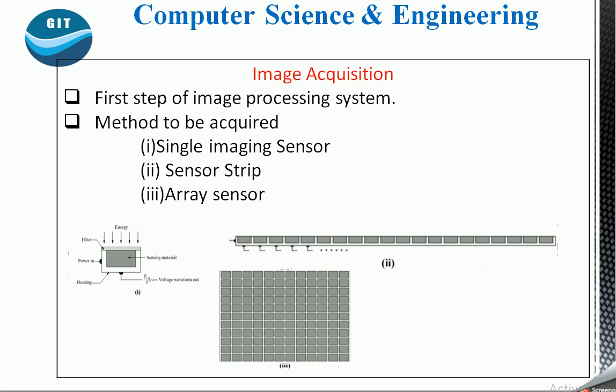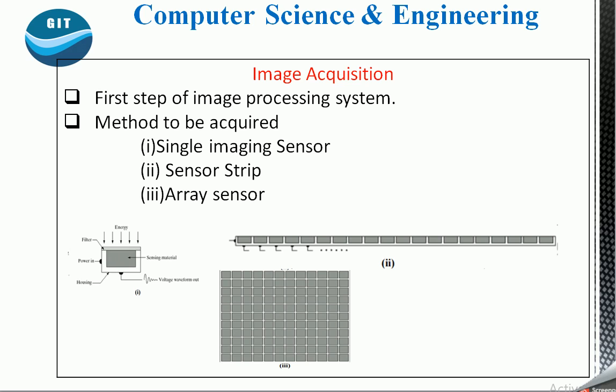The incoming energy is transformed into a voltage by a combination of input electrical power and sensor material responsive to the energy being detected. There are three methods to acquire an image. First one is single imaging sensor, second is sensor strip, and third is array sensor.